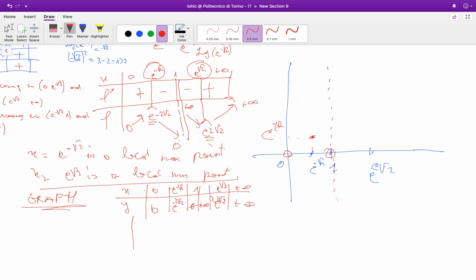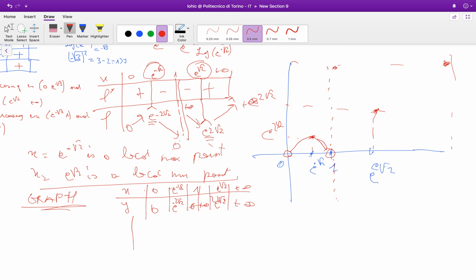And then 1 plus, so at the right of 1, the function corresponds to plus infinity, so it will be here, right? And then this point, this exponential of 2 root 2, it will be here. And finally we have infinity, that is here. You can easily see that the function will first increase to this point, then decrease.